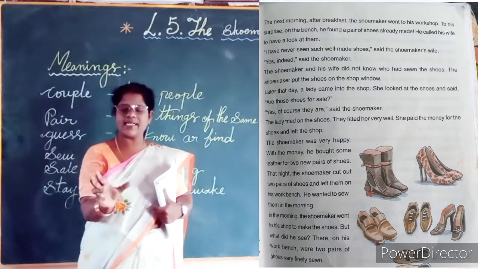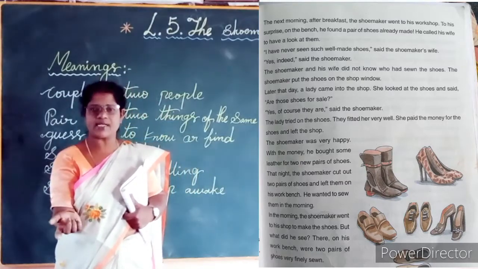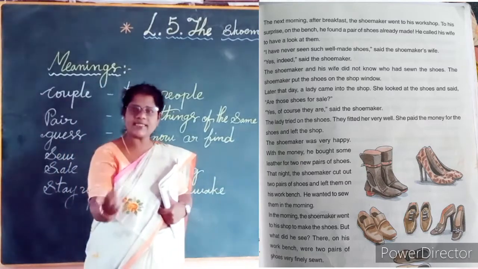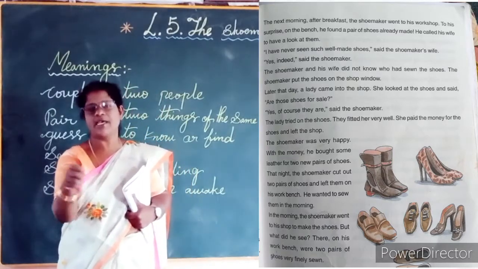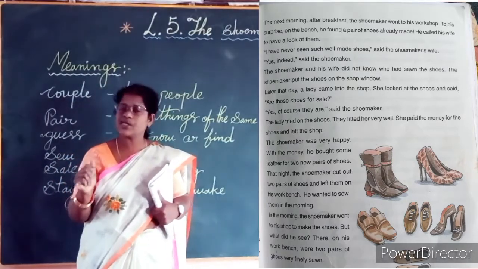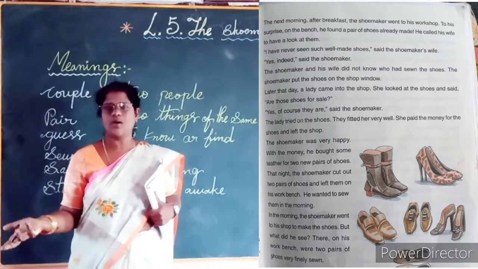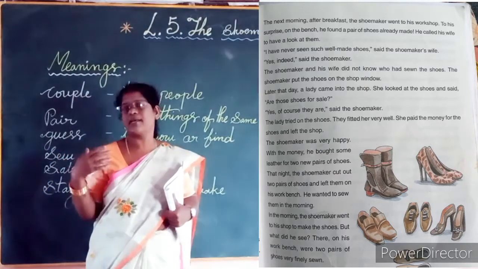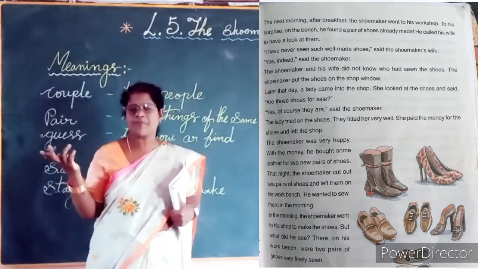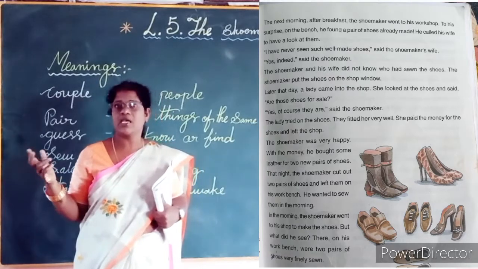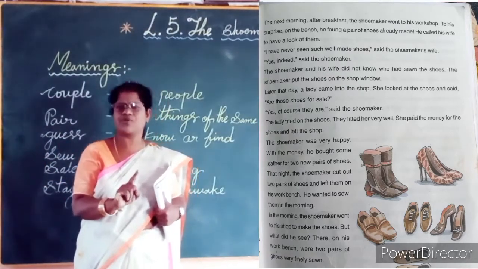The previous day he had left the remaining leather piece, but the next morning he saw that the remaining leather had also been stitched. Who stitched that? Who made those shoes? He was surprised. But what do you mean by surprise? He was so anxious. I stitched only one pair of shoes, no?